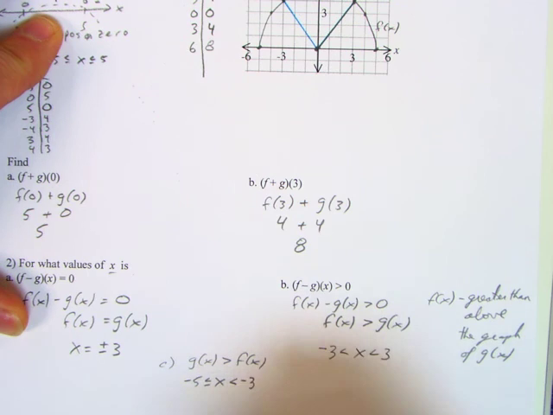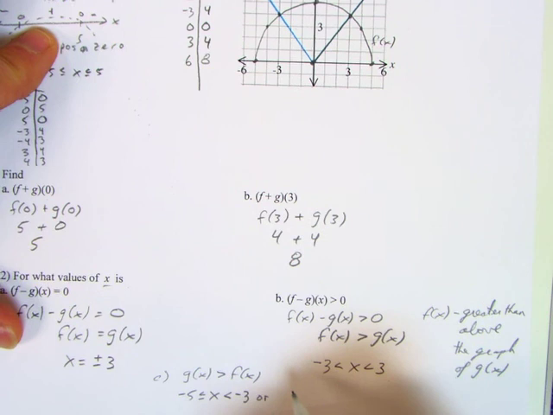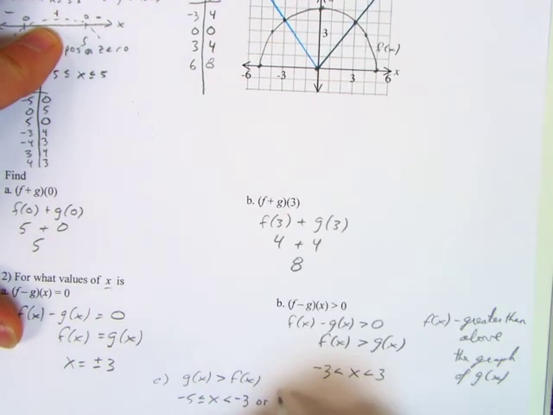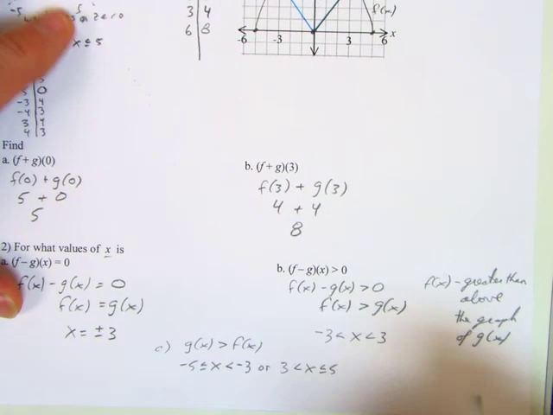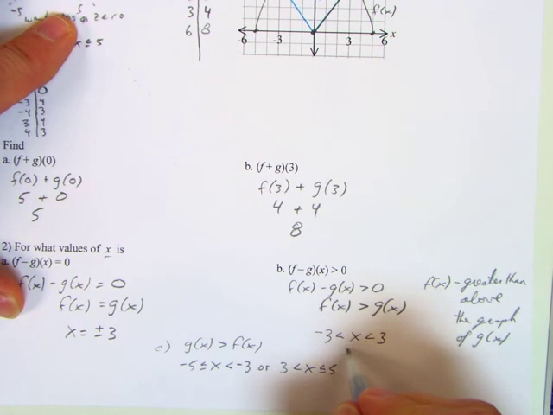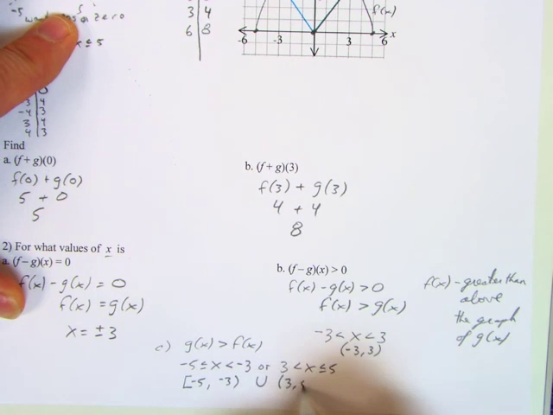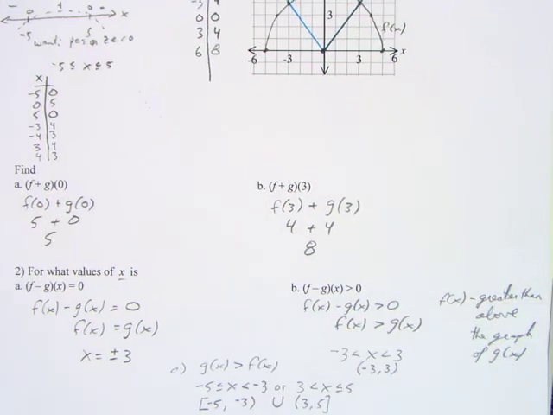Why don't we include that? Because at that point, they are the same. And similarly, on the other side, we will have from 3 to 5, and we must include that. We could take a quick second and review our interval notation. This would be -3, 3 in parentheses, and over here would be bracket -5, -3 parenthesis, union, parenthesis 3, 5 bracket. All right, let's take a look at the next side.